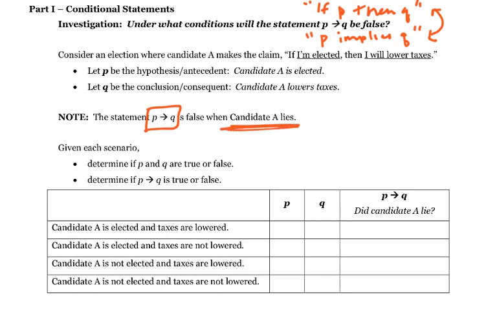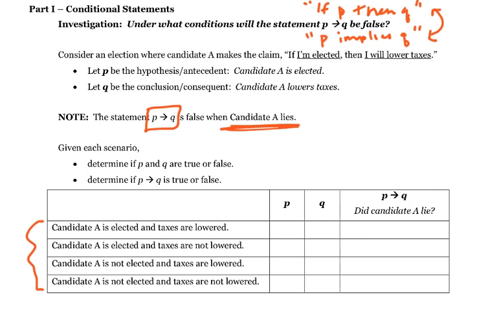In each of these scenarios we're going to determine whether P and Q are true or false, and whether P then Q is true or false. Did candidate A lie? If they lied, it's false. If they didn't lie, it's true.